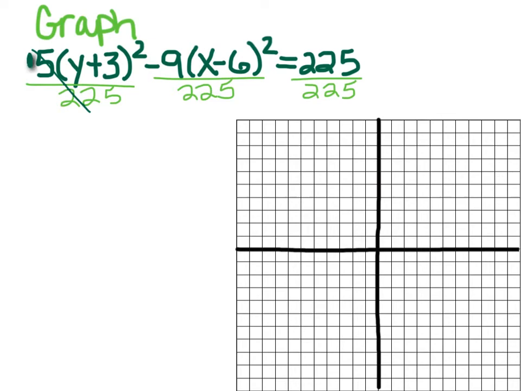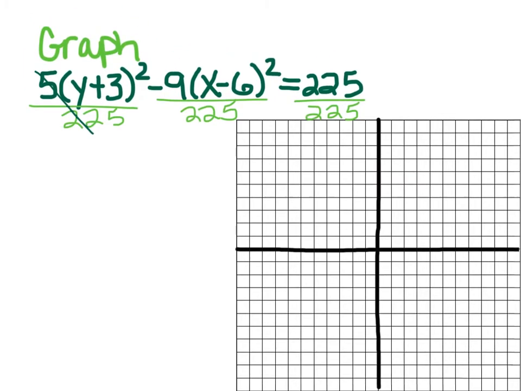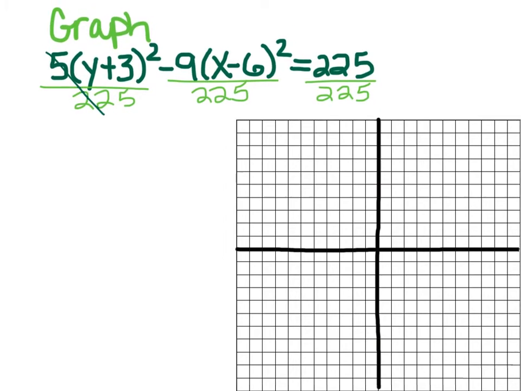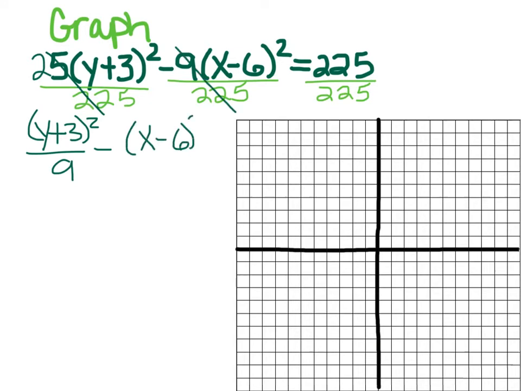Typo, 25. And so 25 over 225 reduces to 1/9. So that's now y plus 3 squared over 9 minus, and then 9 over 225 reduces to 1 over 25, so x minus 6 squared over 25 equals, and then 225 over 225 is our 1.